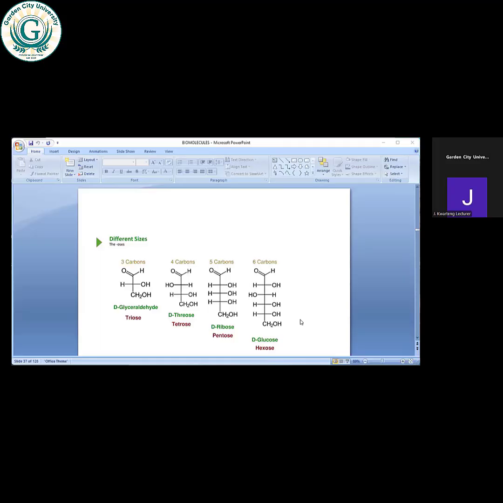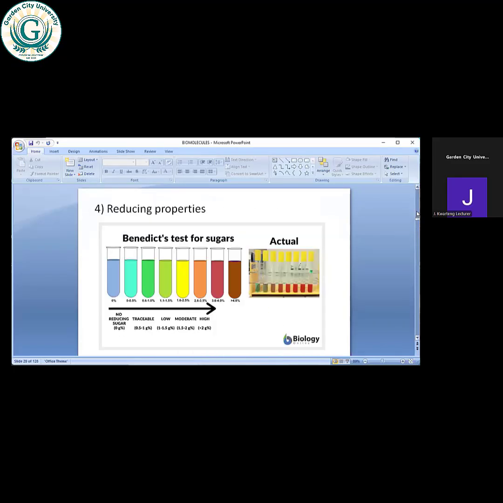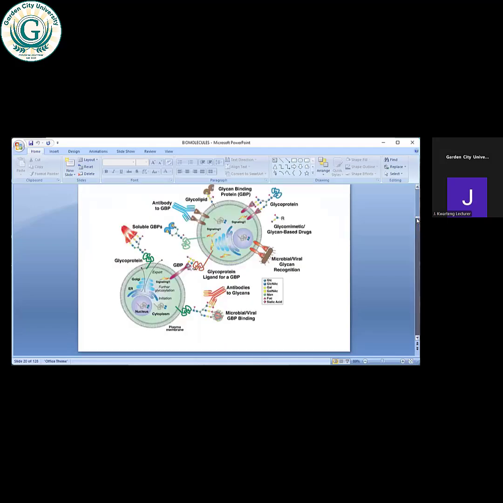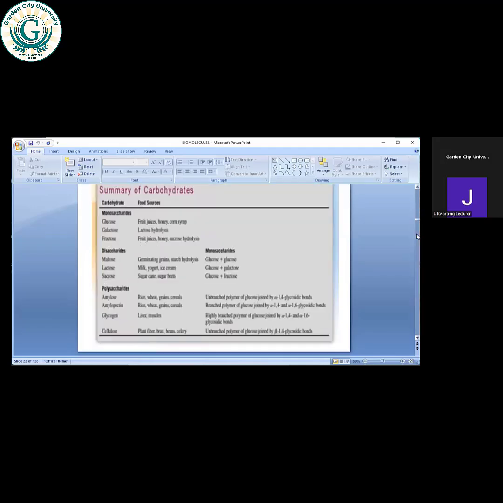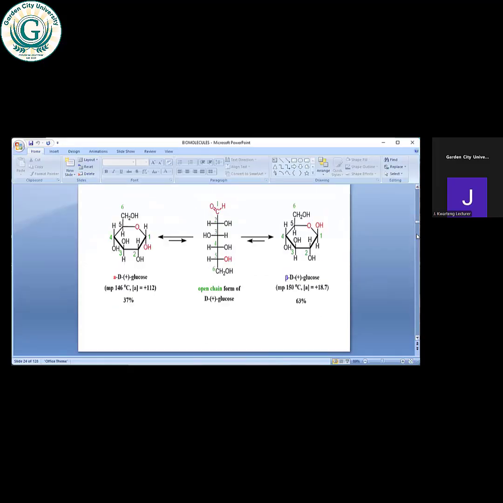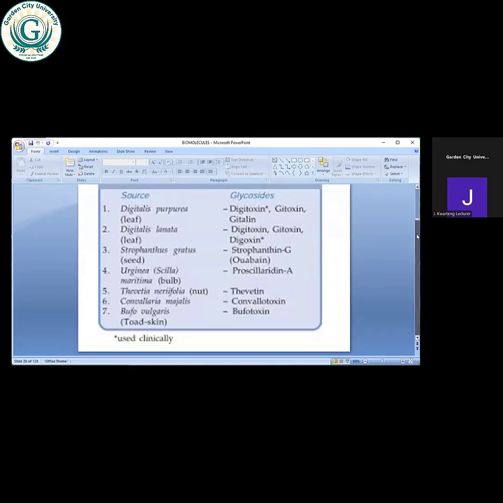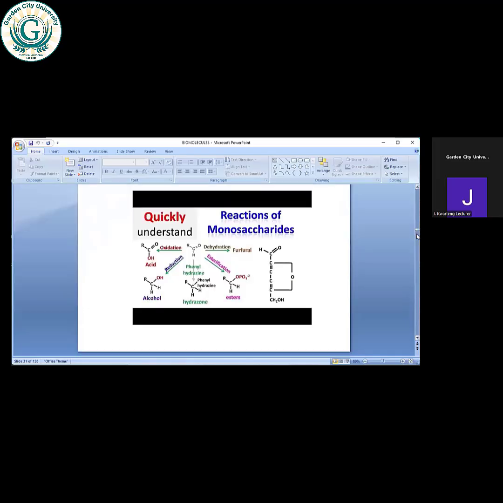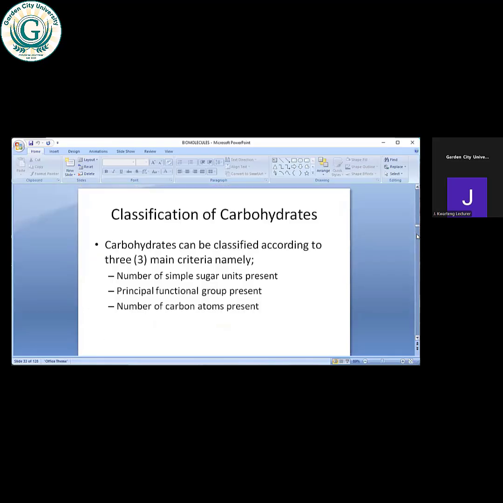The second criteria is to use the principal functional group present in the molecule.